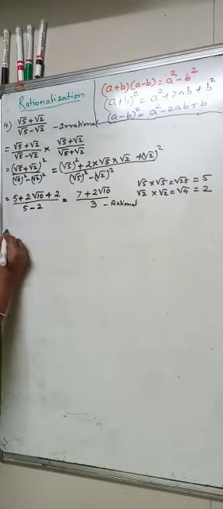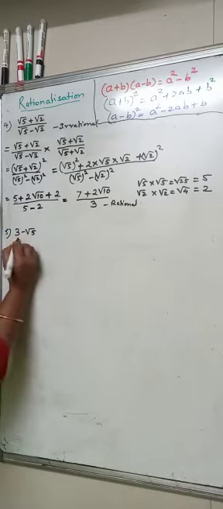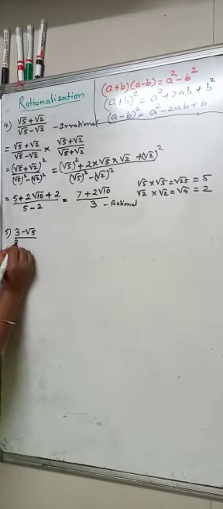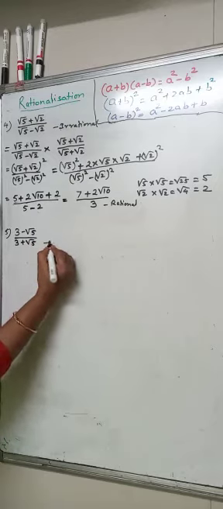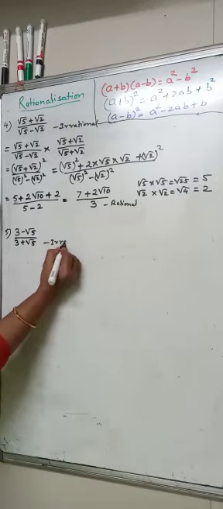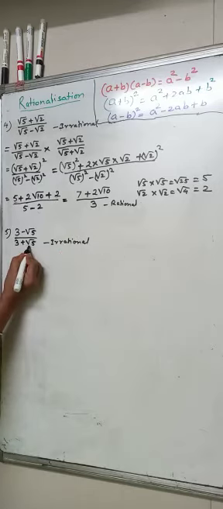The fifth example that we take is (3 − √5)/(3 + √5). Now 3 + √5 is irrational, so we have an irrational denominator.